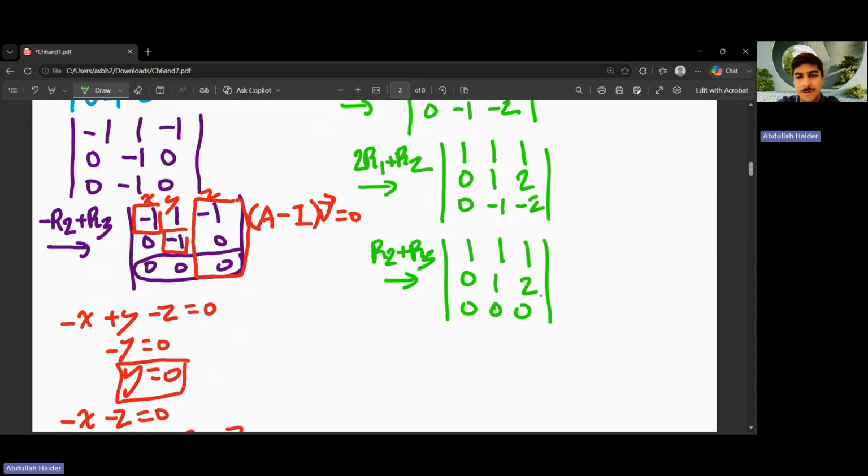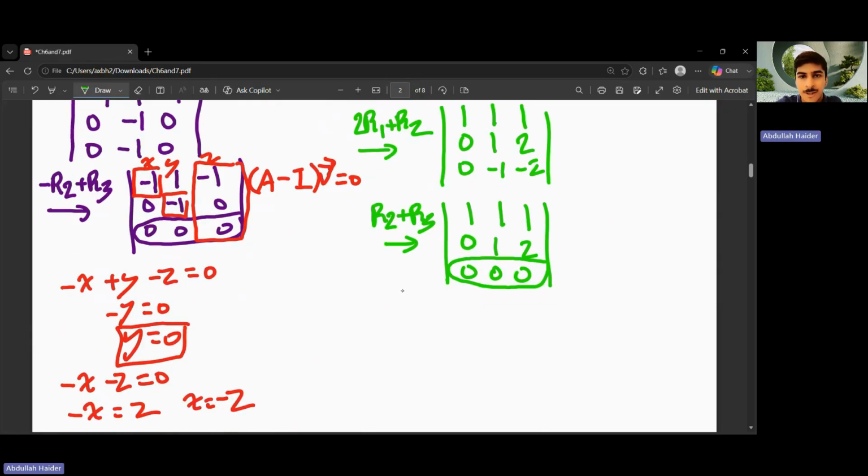And as I said before, we had distinct eigenvalues, so it means we will always have a row of all zeros whenever we have distinct eigenvalues. So now I want to do A minus 3I multiplied by v is equal to 0.